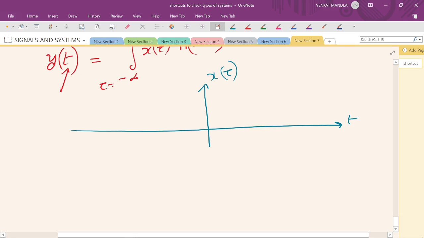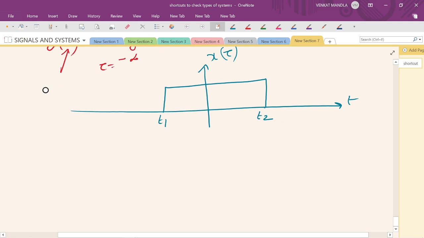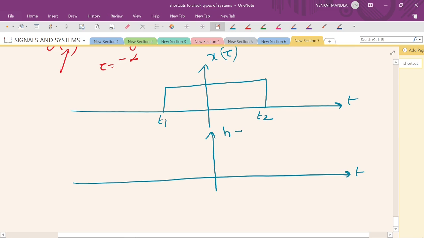This is x of tau, let's say t1 to t2. Here it is given. And h of minus tau minus t, this I have to represent.